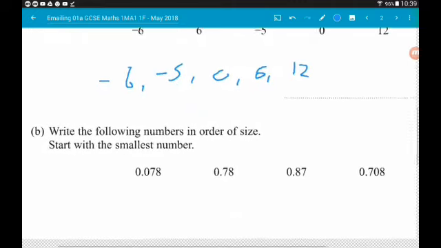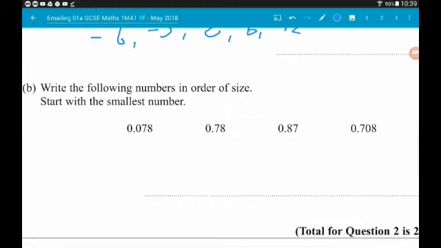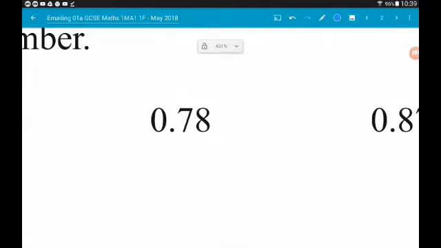Part B, same job again, but we got some decimals. These decimals have a different number of decimal places. A nice little cheat is to make it so they all have the same number of decimal places. So what do I mean by that? 0.078 has 3 decimal places. 0.78 only has 2.